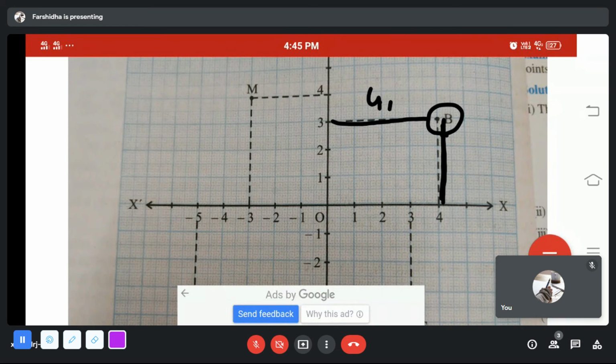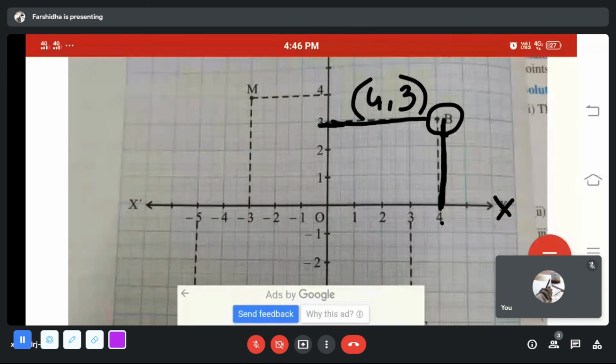See, abscissa means the x value. That means where it is touching on the x-axis, 4. Ordinate means the y value. Where it is touching on the y-axis, at 3. So this is your ordinate. 4 and 3. So 3 is the ordinate, 4 is the abscissa.